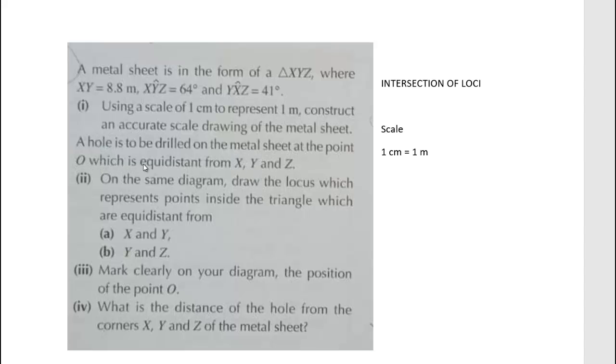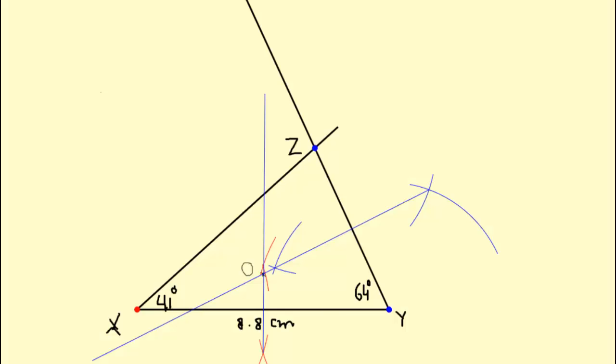This O will be equidistant from these 2 points X and Y. So this point O is on the perpendicular bisector of X and Y. Any point on the perpendicular bisector of line XY will always be equidistant from points X and Y.